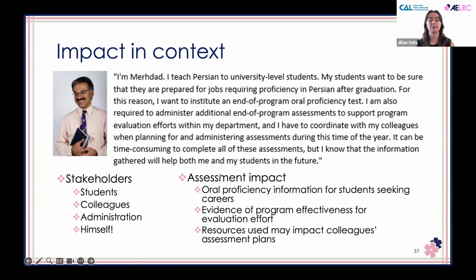Additionally, Merdad will provide information to his department about student performances for the department evaluation. This may lead to decisions being made about the appropriateness or effectiveness of the assessment or larger teaching practices. Lastly, his decisions about when and where to conduct the assessment may have an impact on his teaching plans as well as his colleagues' teaching plans for their own assessments.